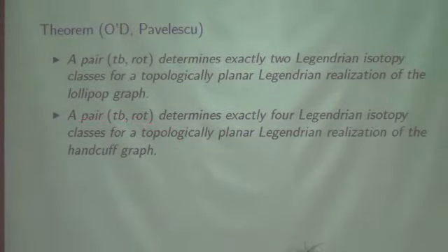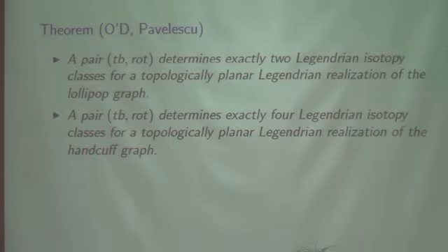And similarly, for a pair of TB and rotation, there are exactly 4 Legendrian isotopy classes for the topologically planar Legendrian realization of a handcuff graph. So in the handcuff graph, I'll show you how these differ.